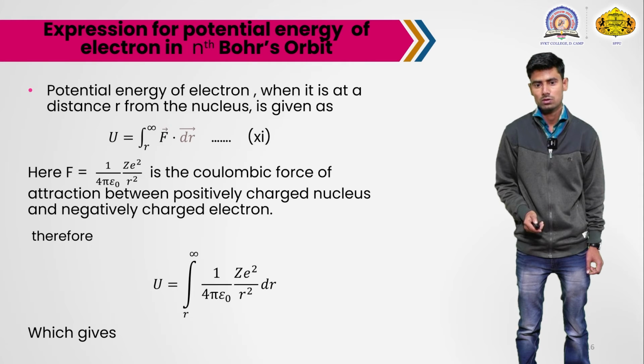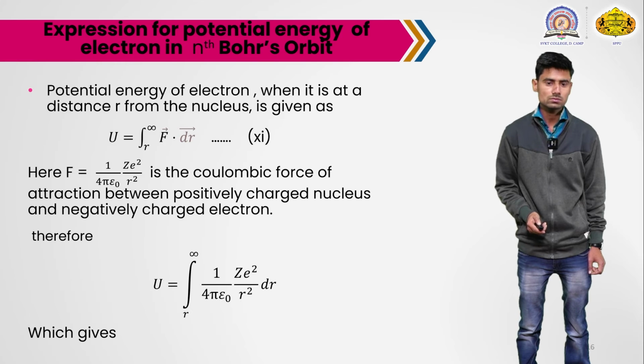Here we already have the formula for force, which is the Coulombic force of attraction between the positively charged nucleus and the negatively charged electron, F equals 1 by 4 pi epsilon naught Ze square upon r square. And to find the potential energy, we have the formula as the integration of F dot dr from r to infinity.